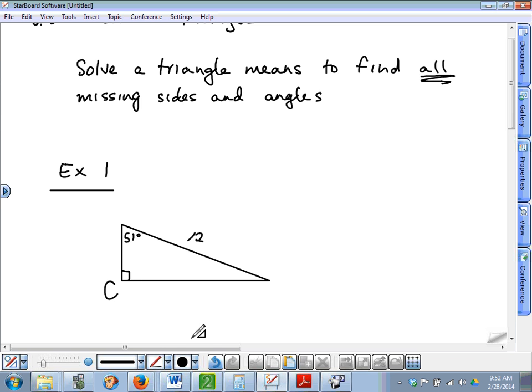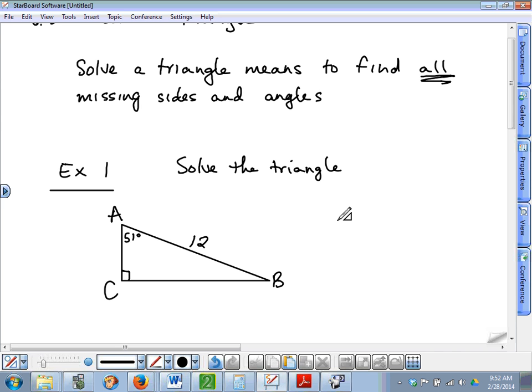The right angle is always going to be C, and then you're going to have an A and a B. The hypotenuse is 12. The directions here are to solve the triangle. So first we have to figure out what's missing. Find the value of what's missing.